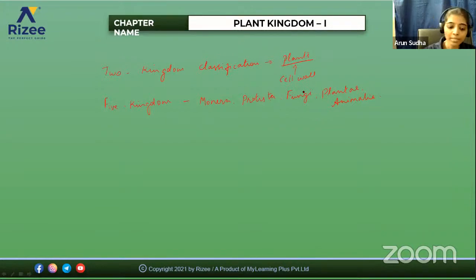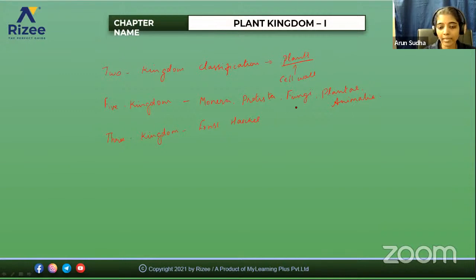And there are also actually different types of classification. One is called the three kingdom classification. So different scientists classified it in a different way. And this three kingdom classification was proposed by Ernst Haeckel. So what he did is, first in two kingdom only Plantae and Animalia.